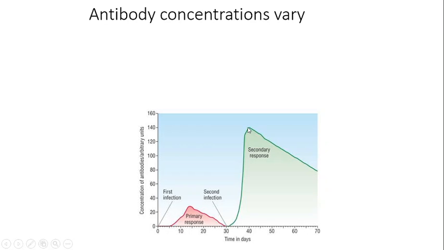And we can do a little bit of a comparison here. So in the primary response here, you can see we only get around about 30 arbitrary units with the antibodies that are produced, whereas with the secondary response, you can see around about 145 arbitrary units, so much higher concentration, and those antibodies remain in the blood for much, much longer.